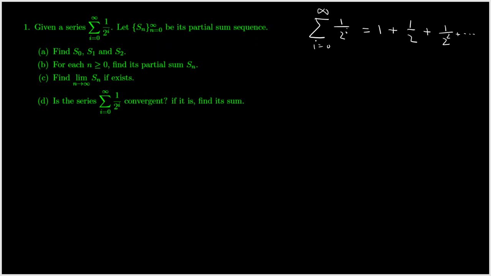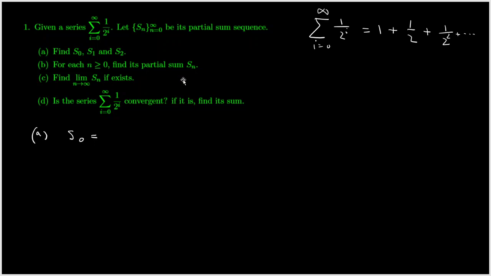Now we are ready to do question A. Using question A, I'm trying to tell you the meaning of partial sum sequence. S0 is the same thing as term 0.